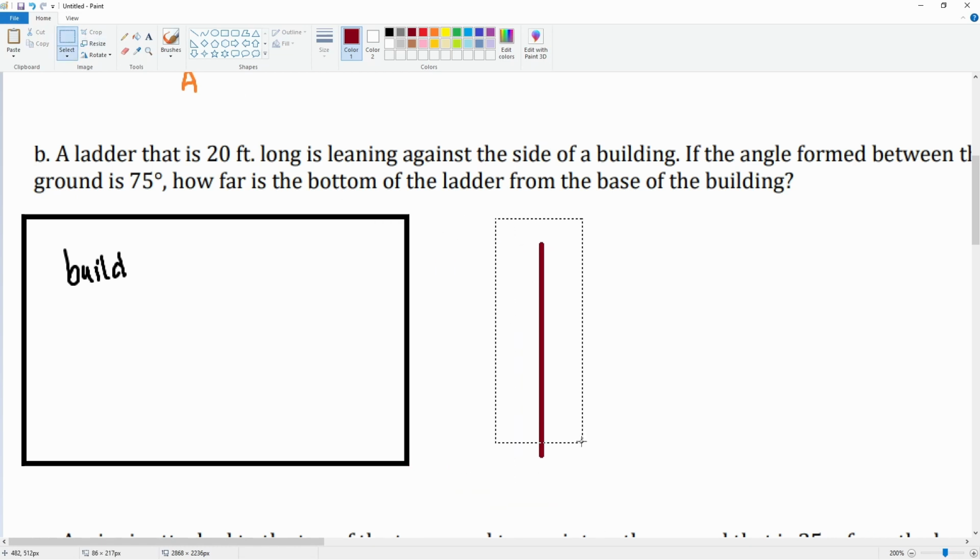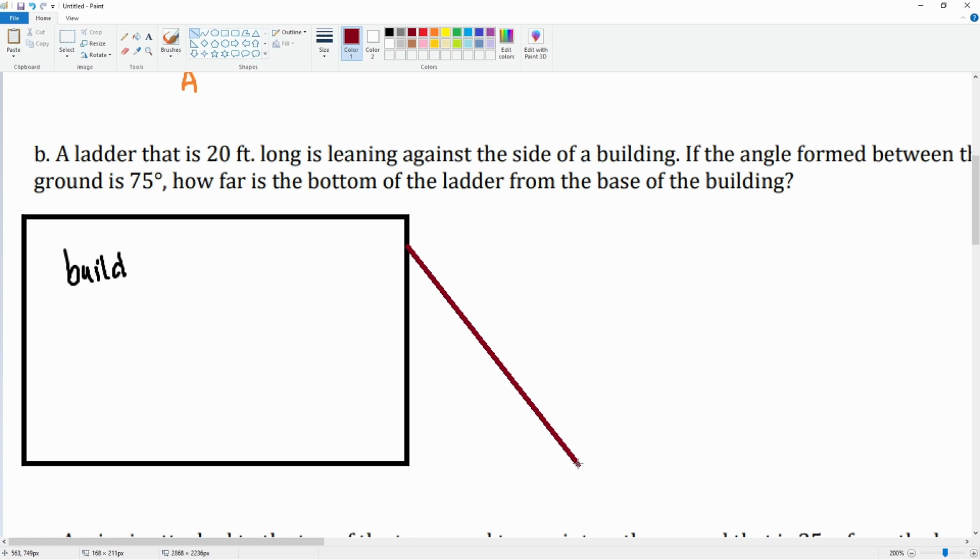So when it leans, it will look something like this, all right? Okay. And then it is 20 foot tall. And then it's asking how far from the base, so it's looking for this. So this can be like the letter D.